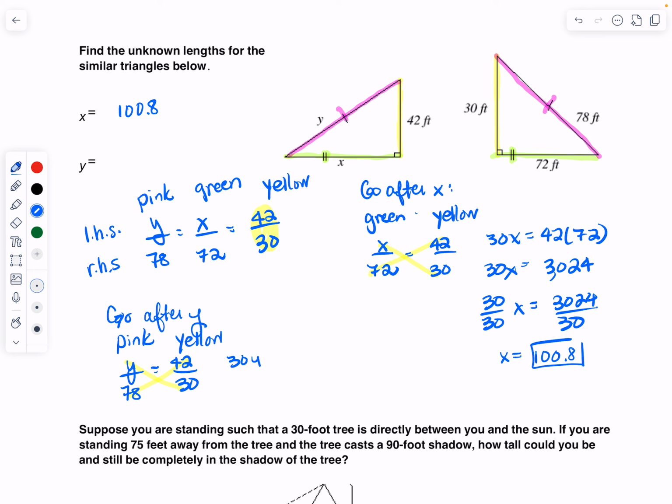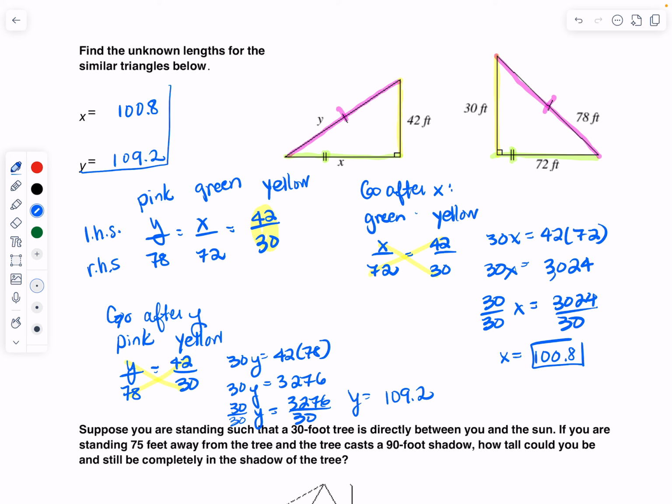So 30 times y equals 42 times 78. So I'm going to take 42 times 78, my calculator, and I get 3,276. And now I have to get y by itself, so I'm going to divide off the 30 on both sides. So y equals 109.2.